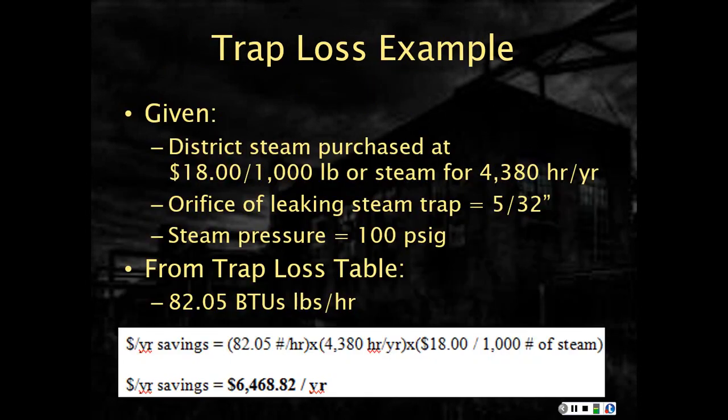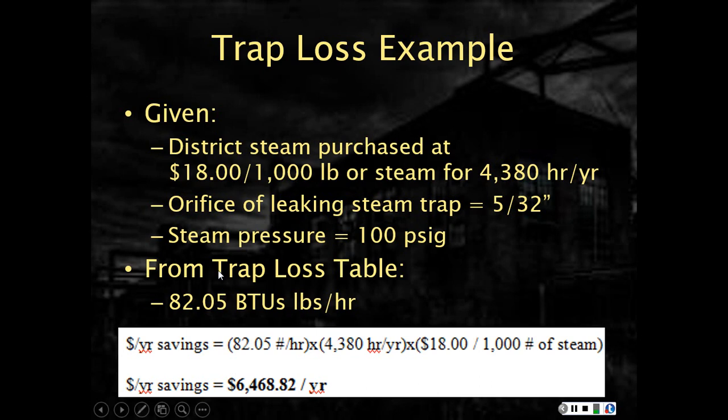So, a steam trap loss example. I have district steam, which I'm purchasing at $18 per 1,000 pounds of steam, and I'm using this steam for 4,380 hours a year. The offending trap has a 5/32 inch orifice in it, and the steam pressure that I'm running from this district steam is 100 psig.